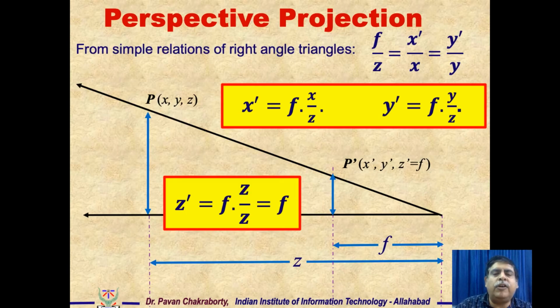So here I have got z prime equal to f times z by z, which is equal to f. So the depth axis of the eye is reduced and all the depth information is replaced to a single plane at a distance z equals f.